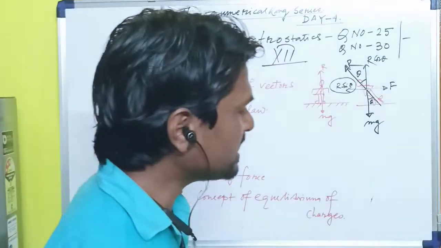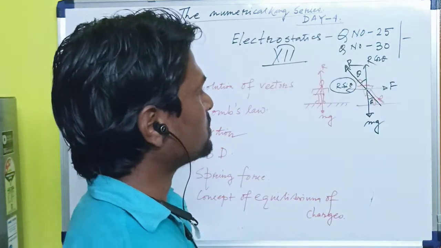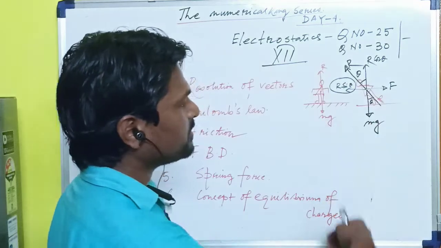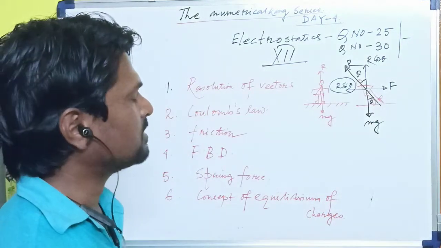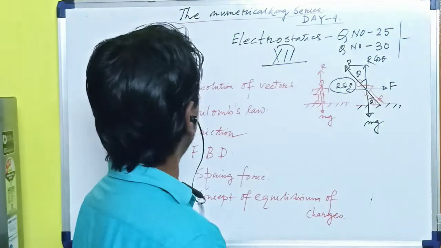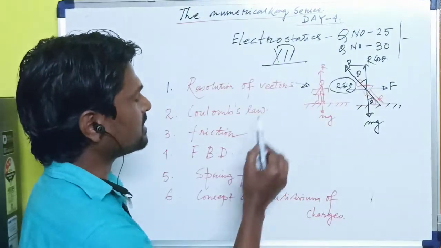So when you tilt yourself, a backward force is required, and R cos theta balances the weight. This is the resolution of vectors.